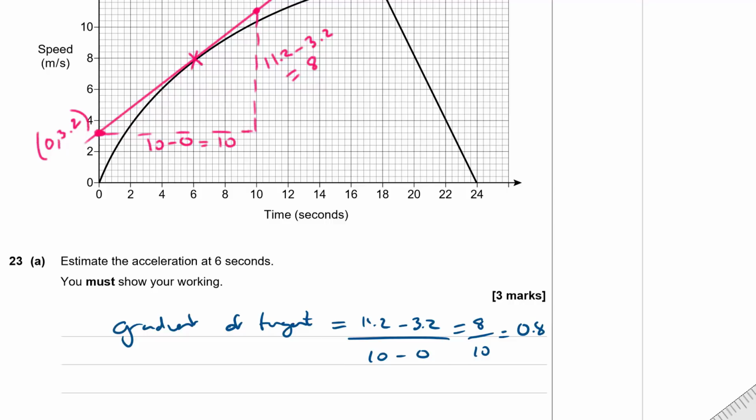So the acceleration then is 0.8 meters per second, so meters per second squared. Being very naughty here and writing over the lines. Don't do that in the exam.